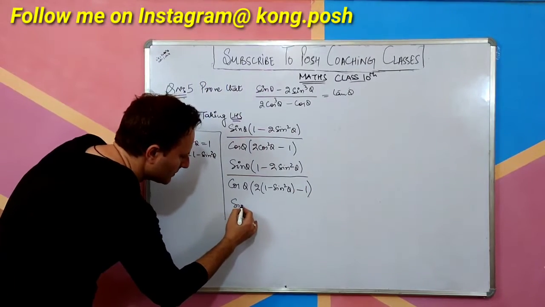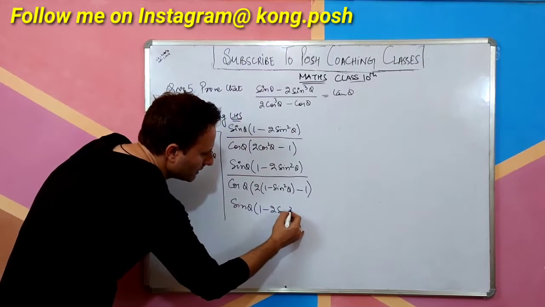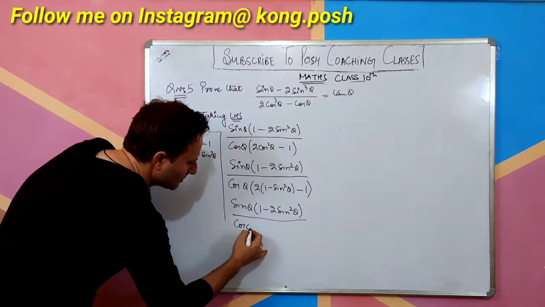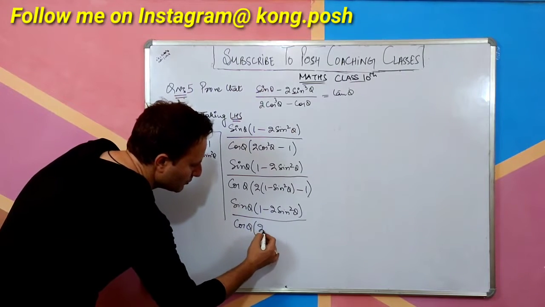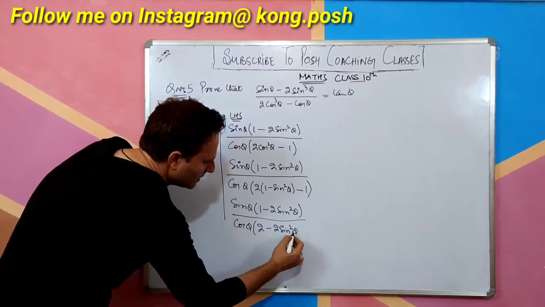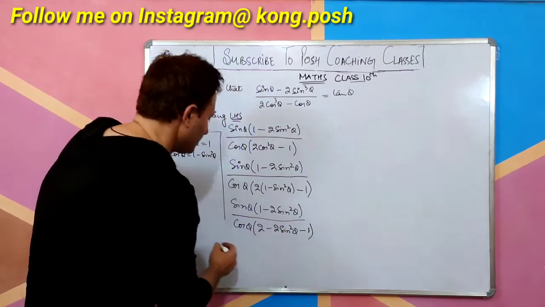Now sine theta 1 minus twice sine square theta whole divided by cos theta, it becomes 2 minus twice sine square theta minus 1.